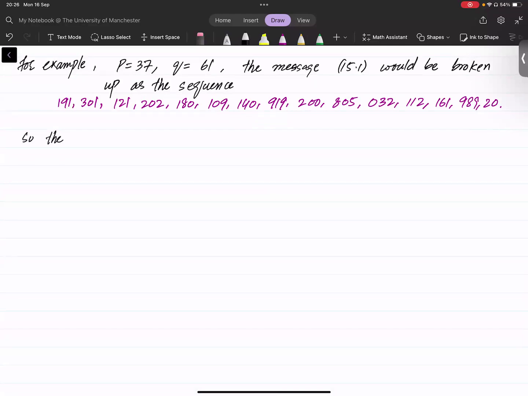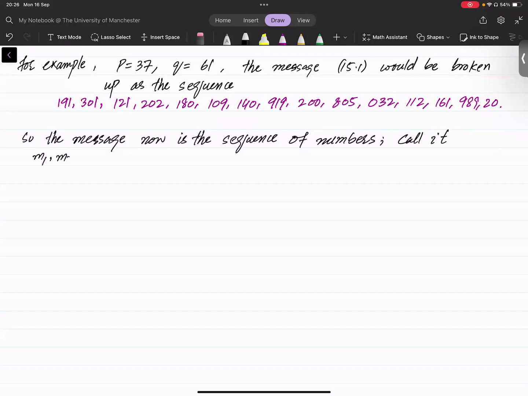So the message now is a sequence of numbers, and we call it M1, M2 up to MK.